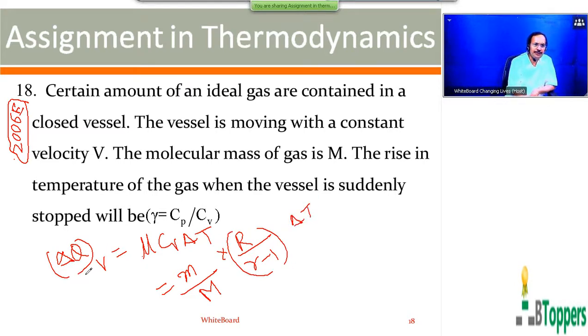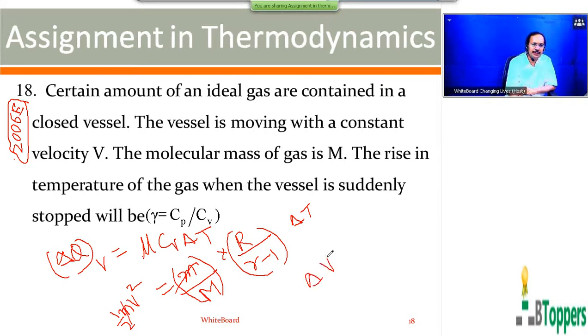The kinetic energy lost by the vessel, which gets converted into heat and given to the gas, is half m v square, where m is the mass of the gas in the vessel. We assume that the mass of the vessel is negligible compared to the mass of the gas. The small m will get cancelled on both sides here.